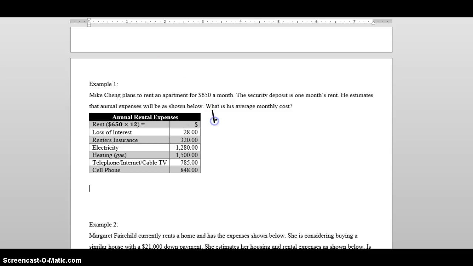Okay. So to find the total yearly cost, we're going to add up all of our annual costs. First, we have to find our rent, which is $650 times 12, which comes out to $7,800.